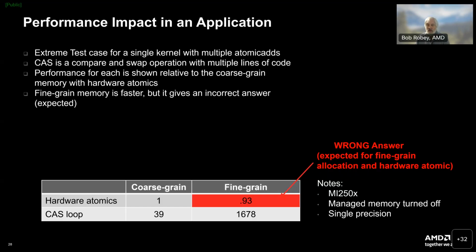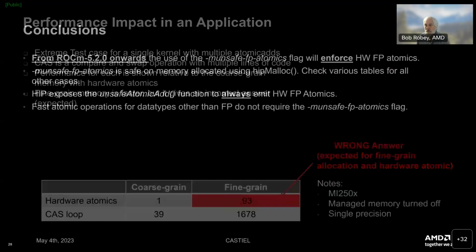These are normalized to coarse grain hardware atomics with a value of 1. A CAS loop in this application was 39 times slower, and if you do the CAS loop on fine grain, it's even slower. So using the right kind of atomics and the right kind of memory can have a significant impact on performance. Now, this is one application, and the numbers may be quite different for your application.